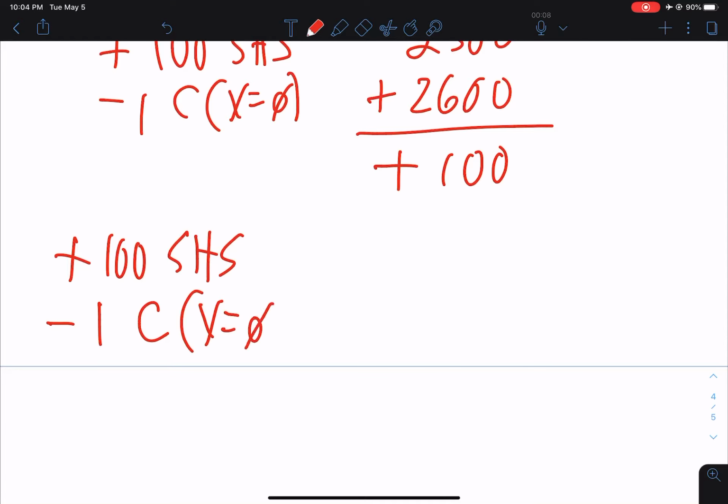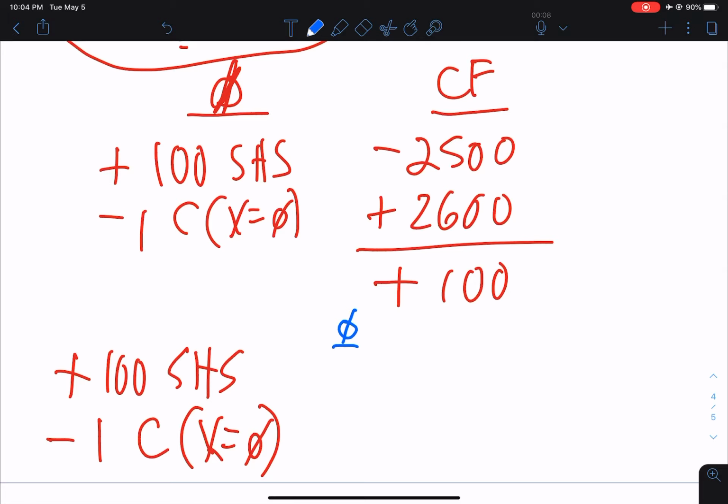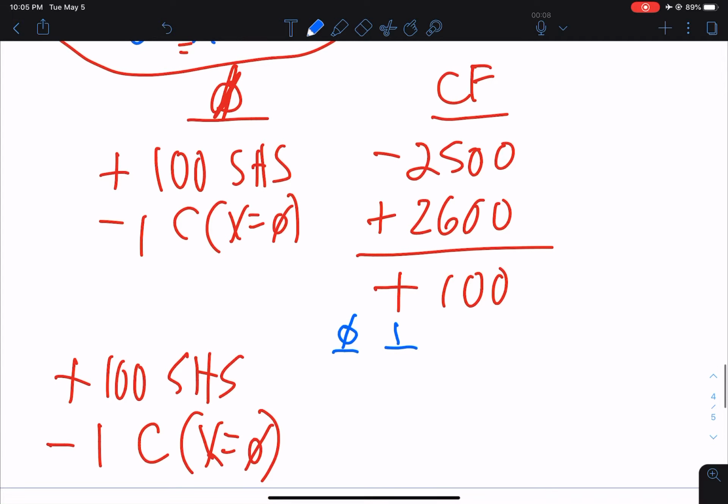Why do I say that? Well, because then there's time to close our positions before we have to deal with exercise or assignment. Here are some prices that could exist for the stock right around option expiration: zero, we'll pretend that's possible, $1 a share, $24 a share, $25 a share, $26 a share, and we'll also look at $27 a share.